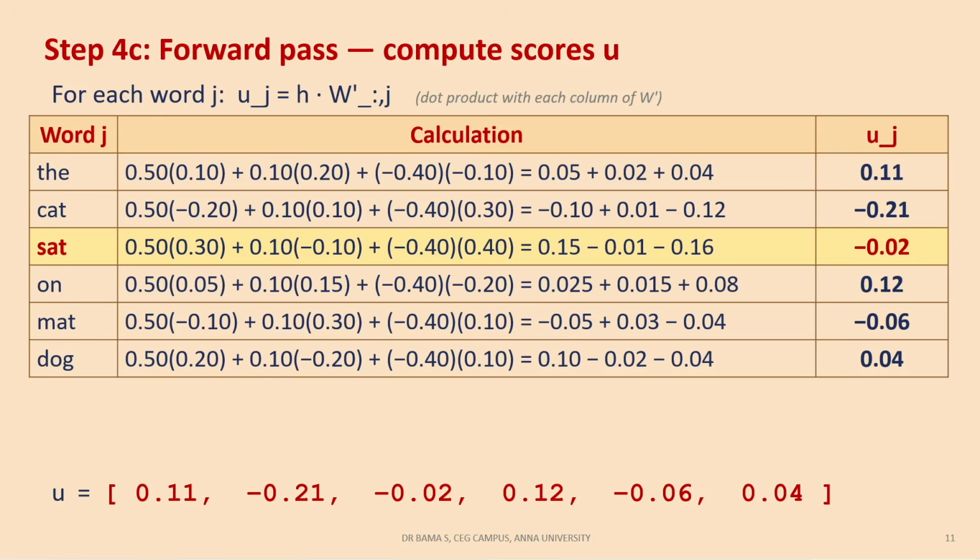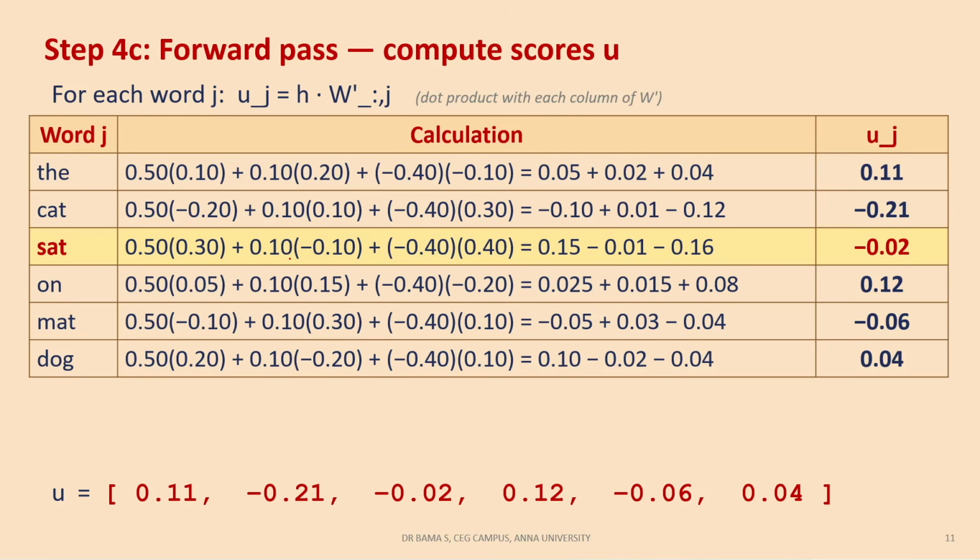If you see W dash here, the value, if you just calculate for this alone, is the same calculation: H multiplied by W dash, 0.5 into 0.3 plus 0.1 into minus 0.1 plus minus 0.4 into 0.4. Where did we get that?